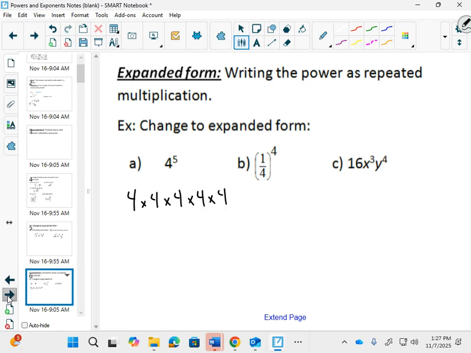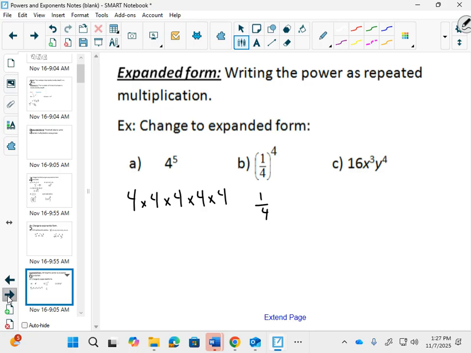If you type that into your calculator, it's going to be a pretty big number. Someone type it in, I have a guess. I'm going to guess 1,024. Did you check it? Is 4 times 4 times 4 times 4 times 4 1,024? Yeah. Nailed it. Got it.